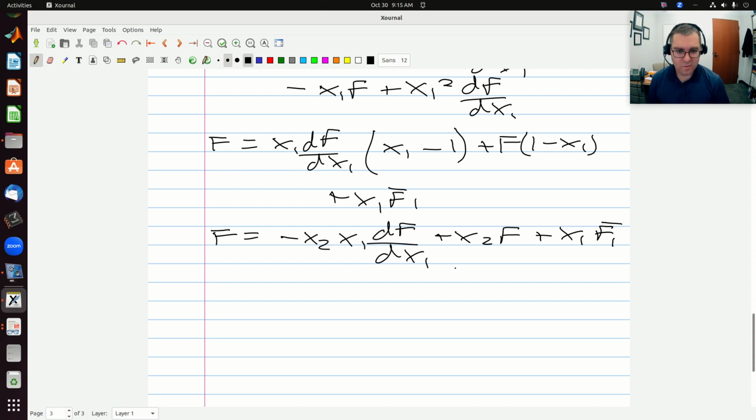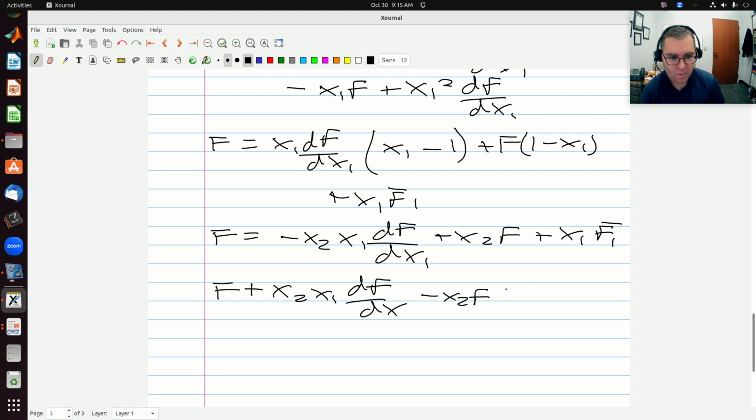Alright, so now I'm going to bring these terms over to the right, and so I'm going to have f plus x2 x1 df/dx1 minus x2 f. Oh, I gotta get my terms right. So f plus x2 x1 df/dx1 minus x2 f is equal to x1 f bar 1.